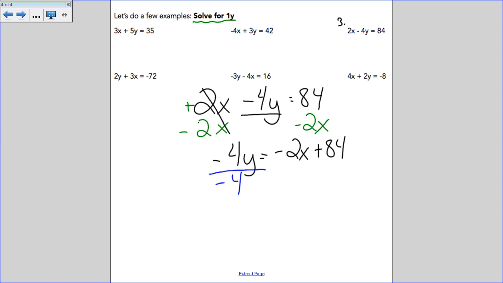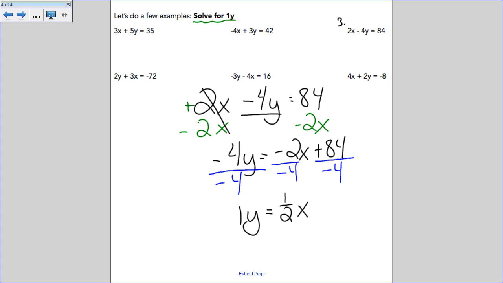If I divide y by 4, I need to divide all of my other numbers by negative 4. Okay, negative 4 divided by negative 4 just becomes 1y. Okay, what's negative 2 divided by negative 4? A negative divided by a negative becomes positive 1/2 x.